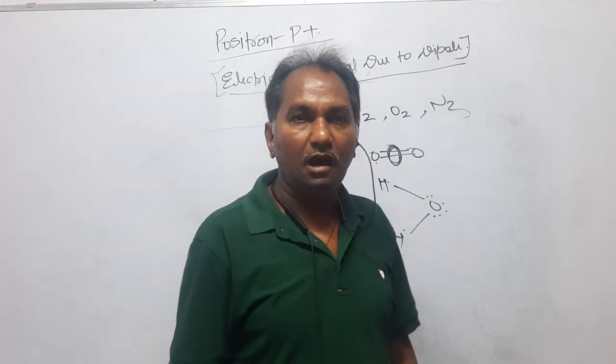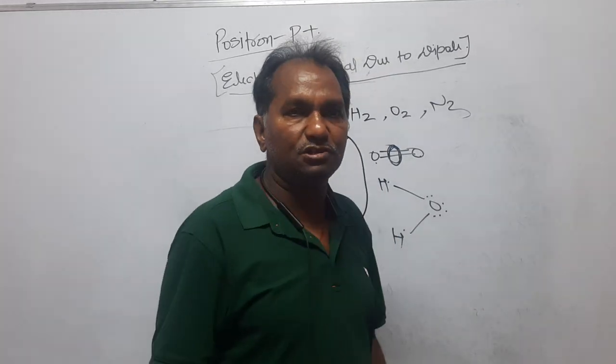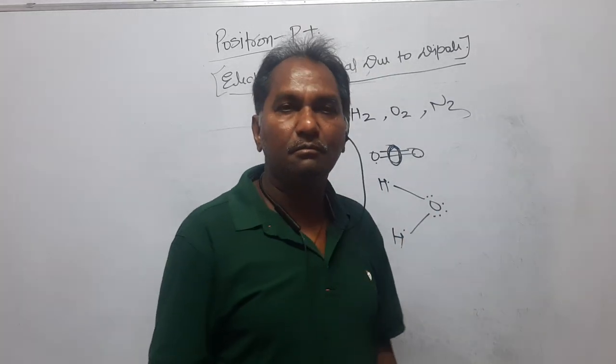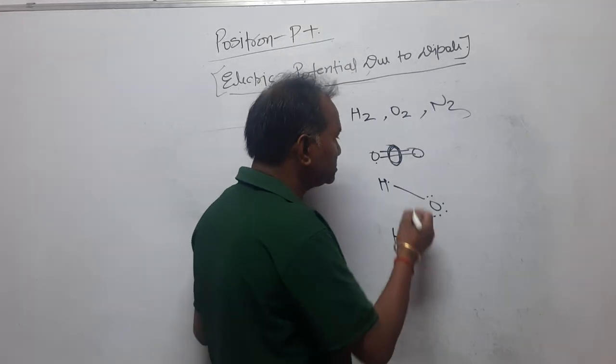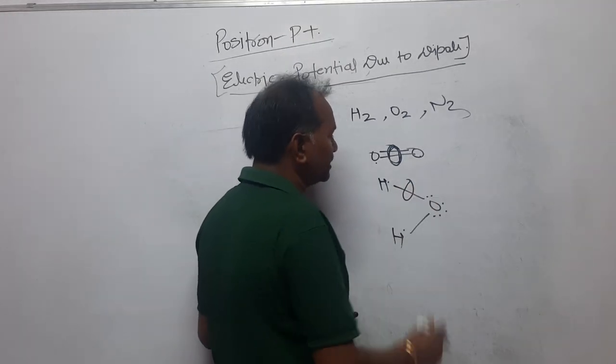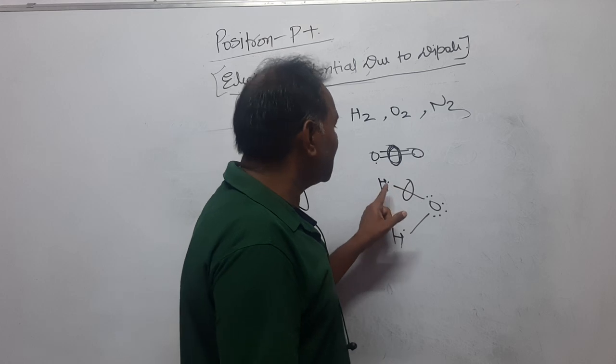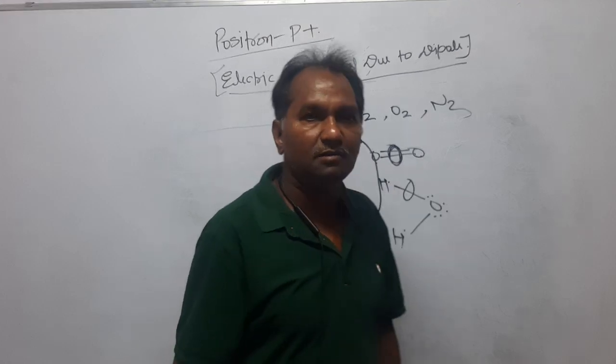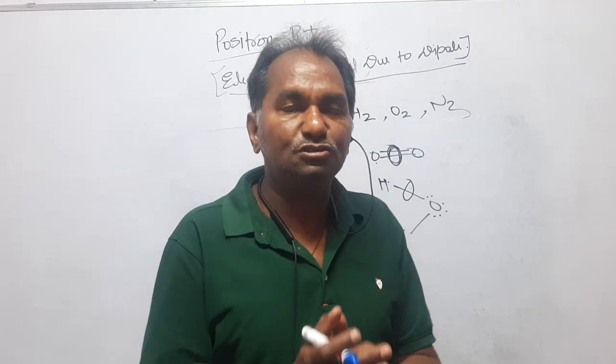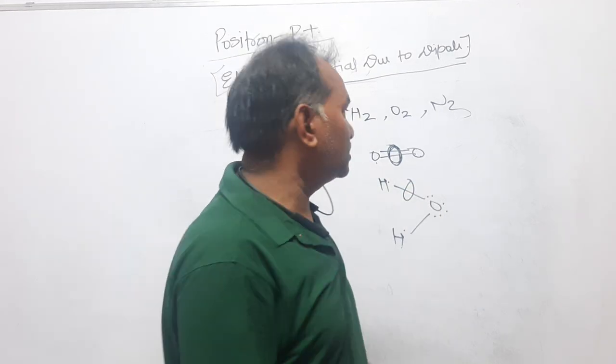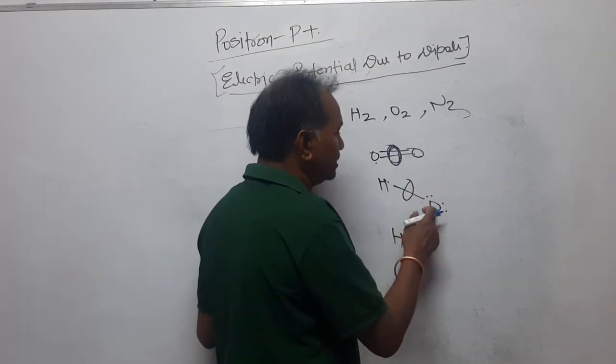Now, you know, hydrogen is more electropositive and oxygen is more electronegative. What happens, dear students? The shared electron does not stay just at the mid between hydrogen and oxygen, but moves towards the more electronegative atom, oxygen.